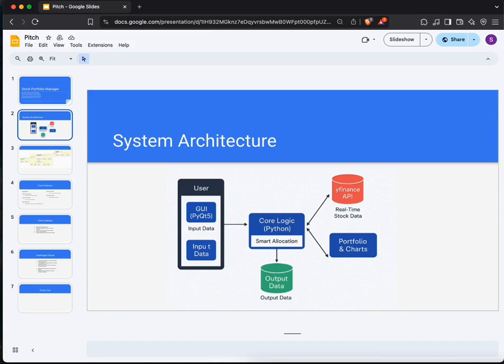The logic module fetches real-time stock data via the Y-Finance API, then uses smart allocation algorithms to distribute funds across the selected stocks based on risk-adjusted metrics. The results, including charts and summaries, are then returned to the user through the same interface in a clean and visually engaging format.